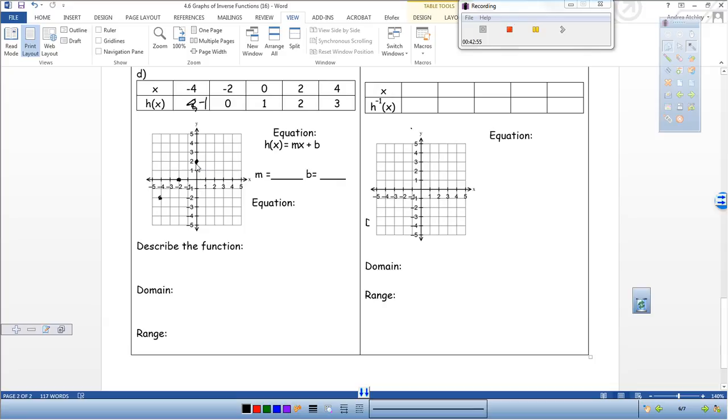I'm so confused myself right now. -4, -1. There we go. -2, 0. Whew. Then 0 for x and 1 for y, then 2 and 2, then 4 and 3. Okay. Yay, I got it.